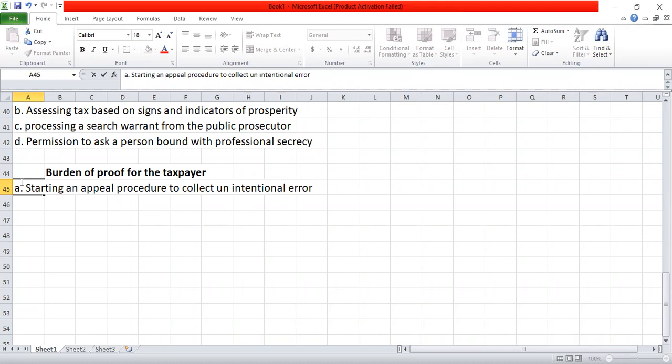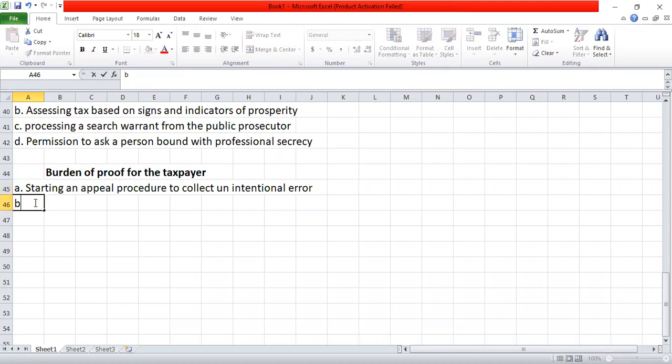If a taxpayer discovers that he has made a mistake in the declaration and wants to correct it, the process of appealing to correct an error in the tax declaration is borne by the taxpayer.